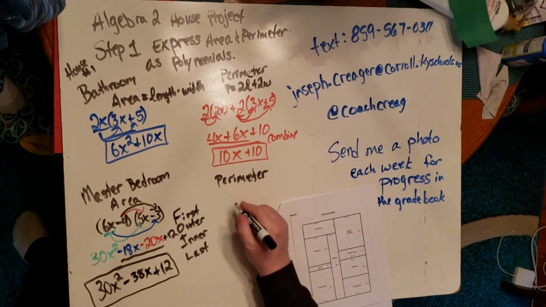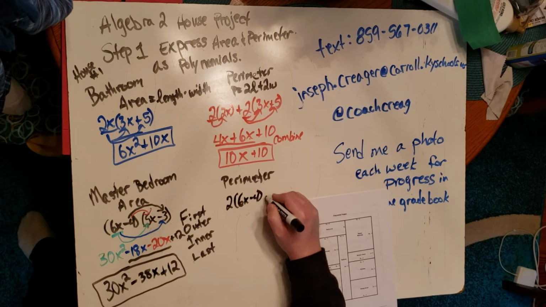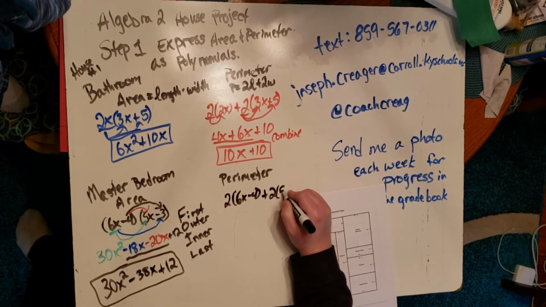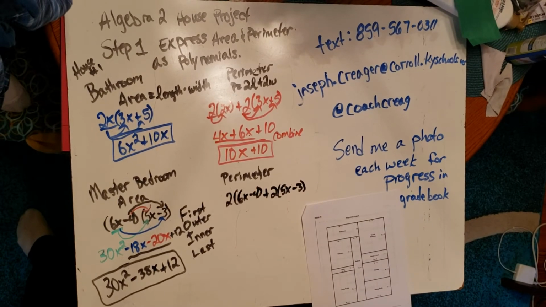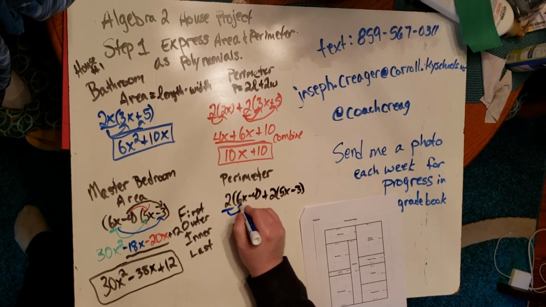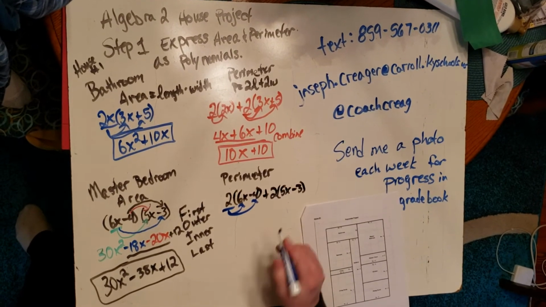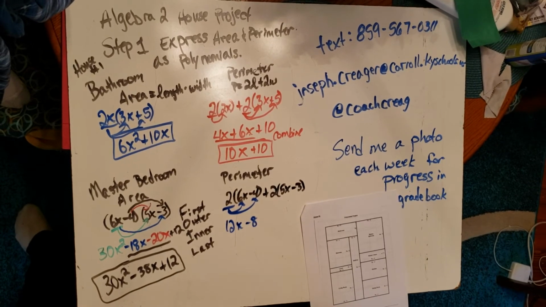For the perimeter, I take twice the length, which we said was 6x minus 4, plus twice the width, which we said was 5x minus 3. I'm going to distribute on each of these, just like I did up here. So 2 times 6x and 2 times this negative 4 gives me 12x minus 8.